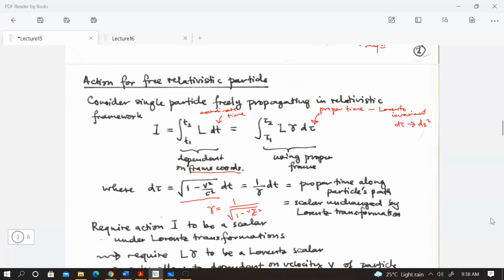And if you look at this, this was just transformed back to the one using the time coordinate. But the point over here, using the proper time, it really is a Lorentz scalar.